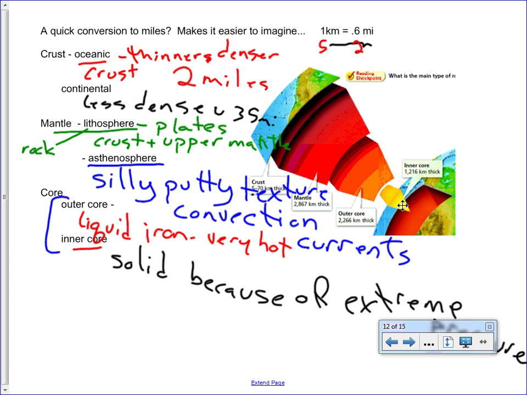The oceanic crust is more dense because it's cooling differently, and it's about 2 miles deep. The continental crust is about 35 miles deep. So that's what you're trying to drill through. The lithosphere, the plates, the crust and upper mantle, the asthenosphere, and then the core.